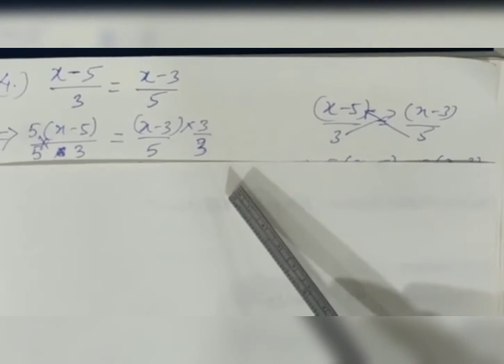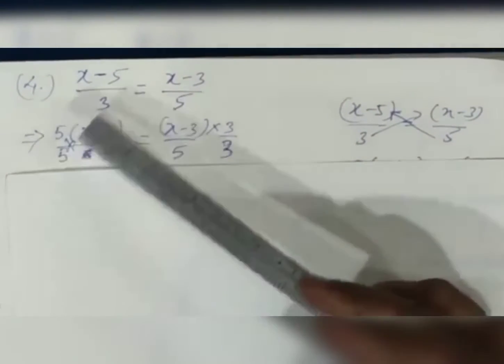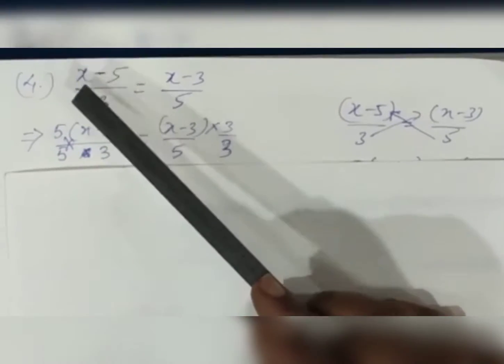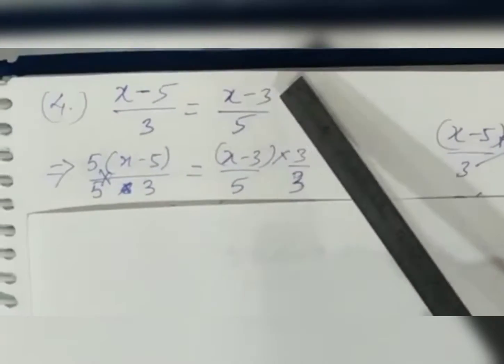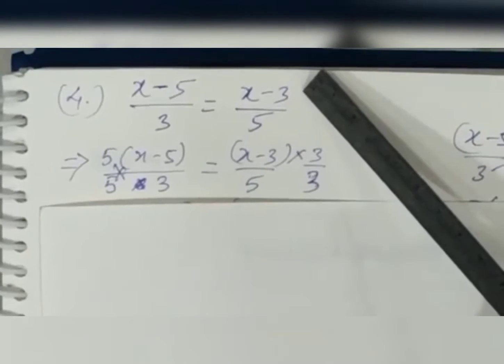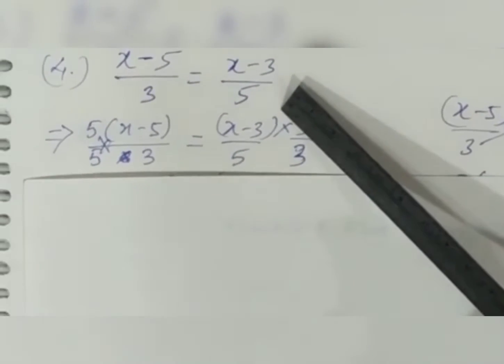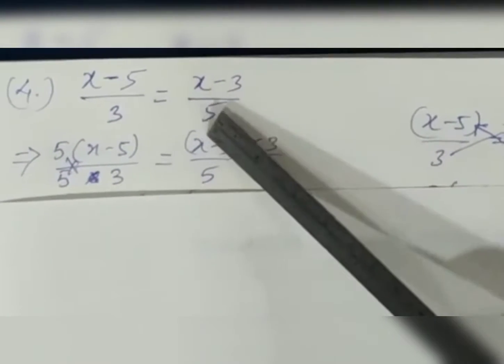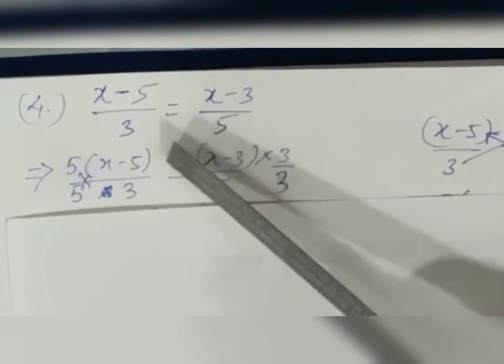In an equation, you multiply the numerator and denominator by the same number, so there is no change in the equation on the left hand side. Similarly, on the right hand side, you multiply and divide, meaning multiply the numerator and denominator by the same number. There will be no change.